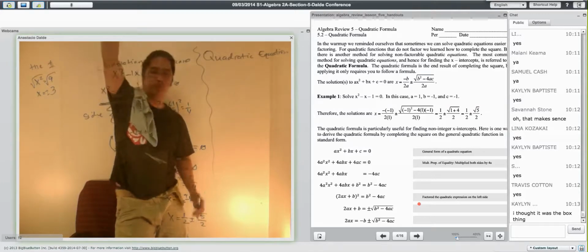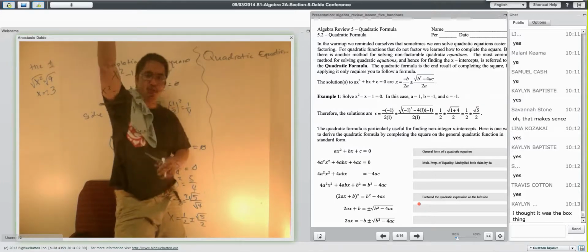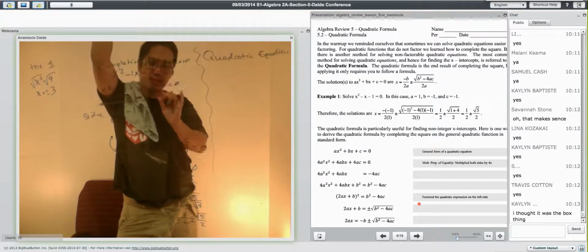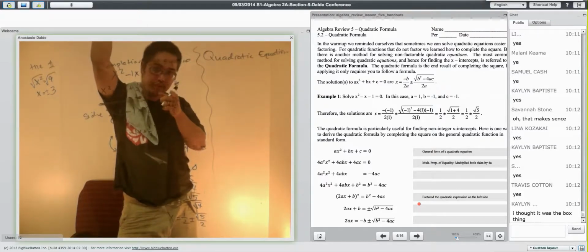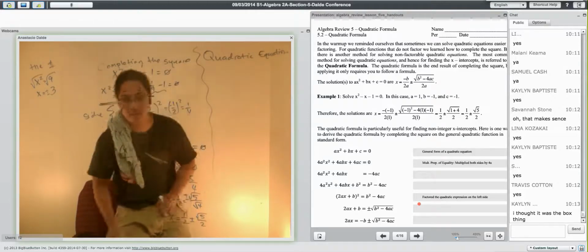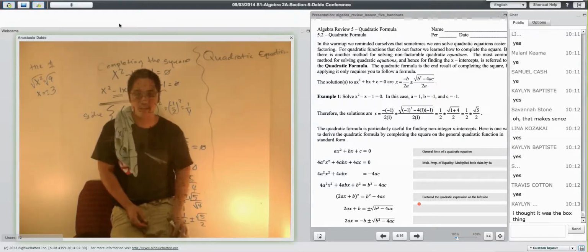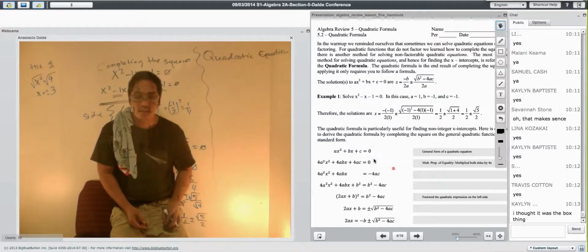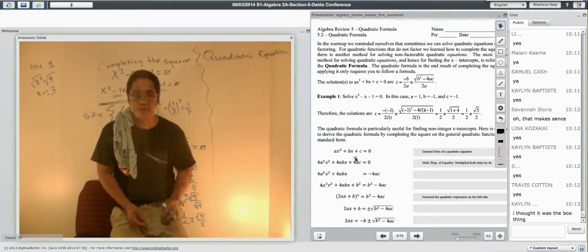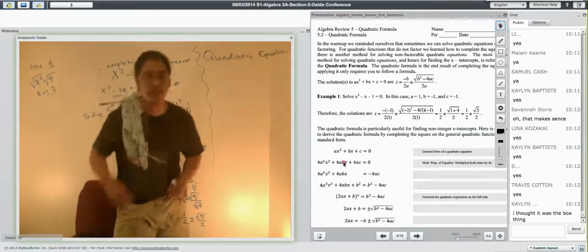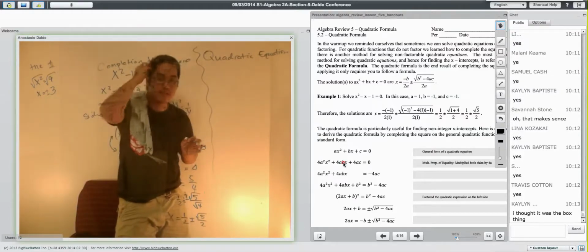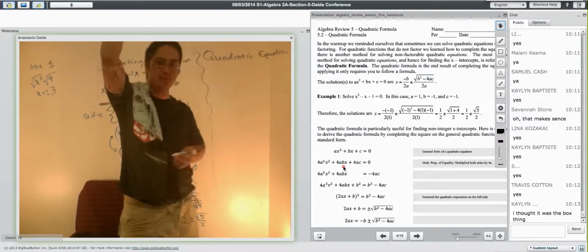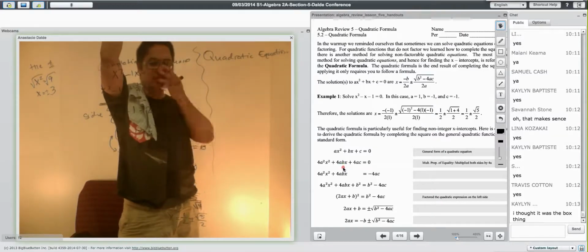I want you to write this down. Or at least don't write this down, because every single step that I do is already on that little piece of paper right in front of you, right by this red dot over here. I'm doing all of these steps, but what I want you to do is fill in the equivalent of those gray boxes. Fill in the why I'm doing this.